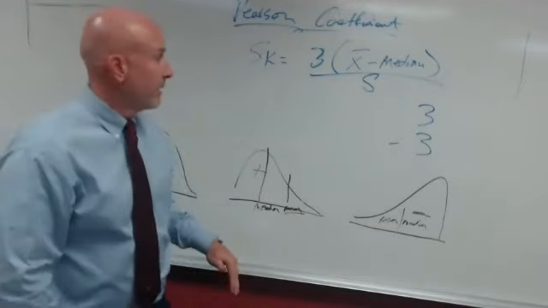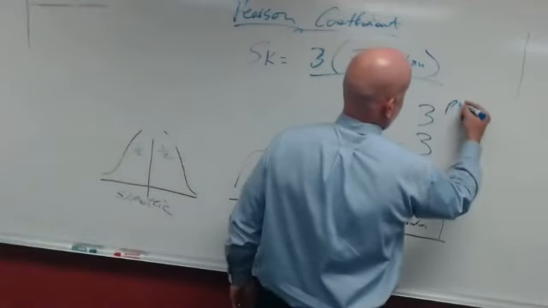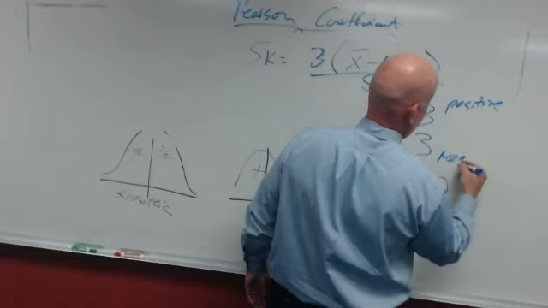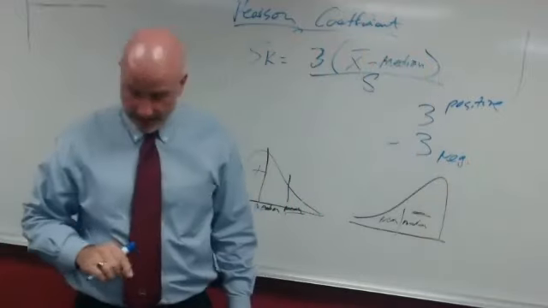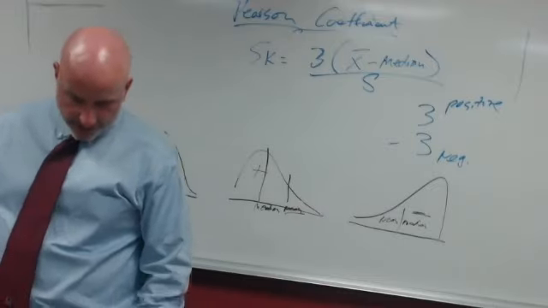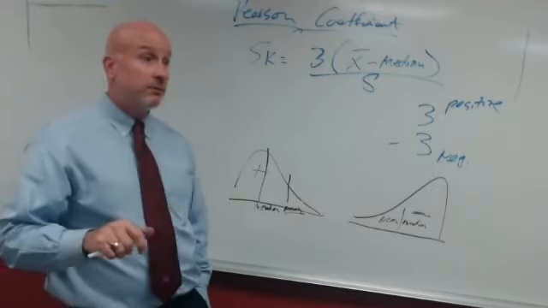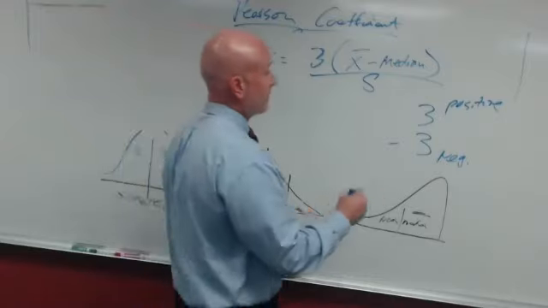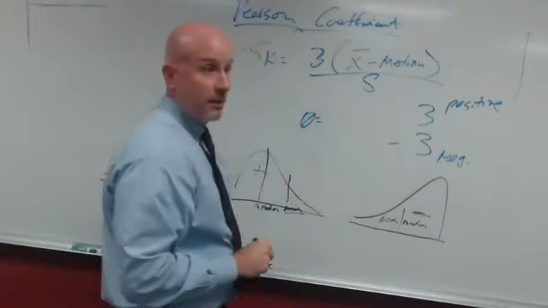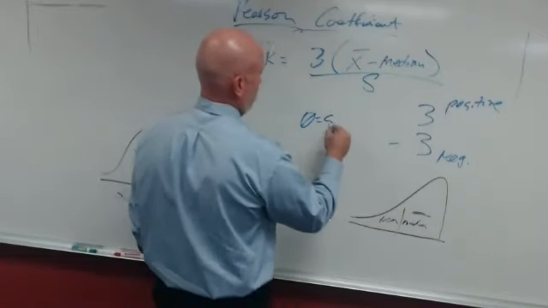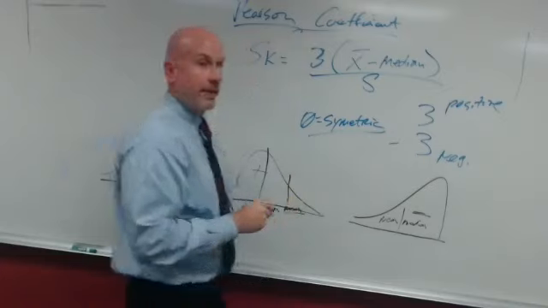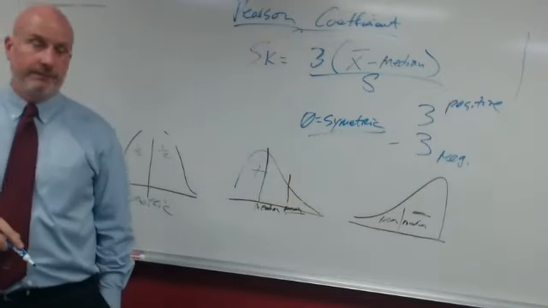This is positive, and a number closer down here is going to indicate negative skewness. A value of 0 is going to show what? Even. You would have a symmetrical distribution.